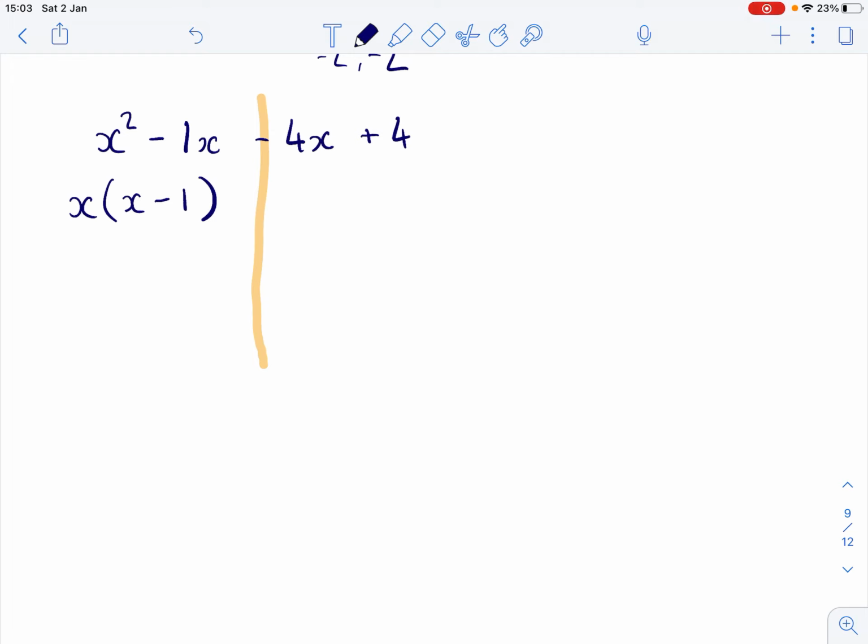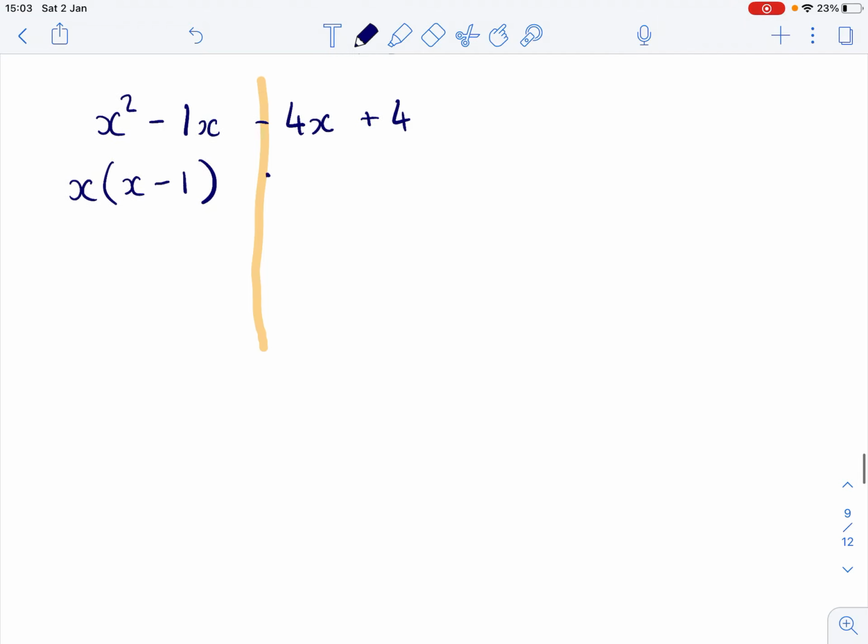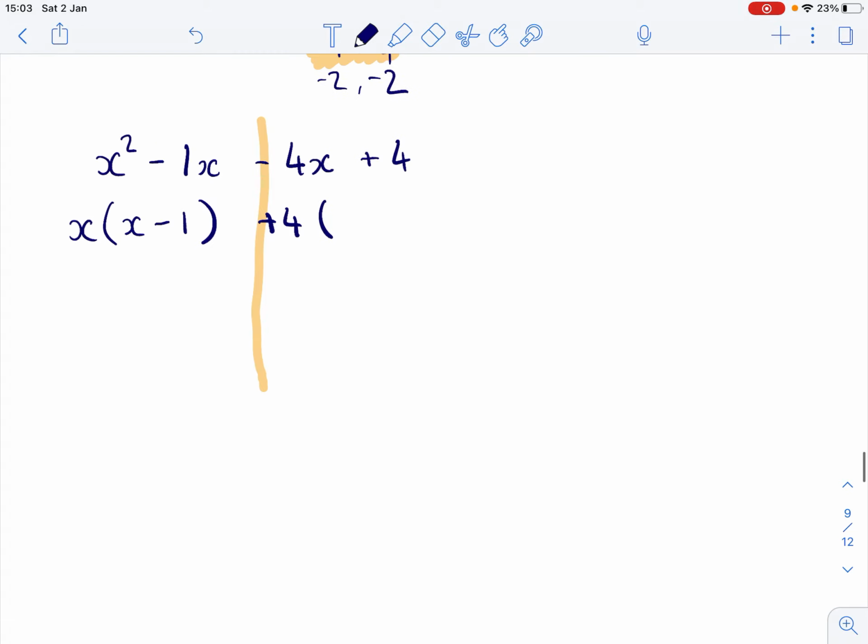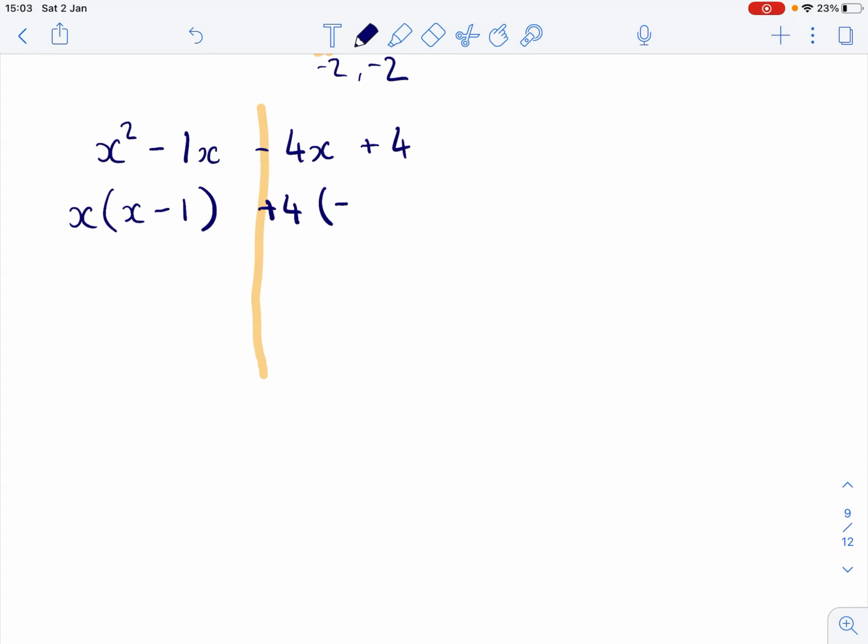Okay, now this is a little bit trickier because I know 4 is a common factor, but if I put plus 4 here, then when I factorise it out, I'd get minus 1x plus 1, which is close, these brackets are close to each other, but they're not quite the same.